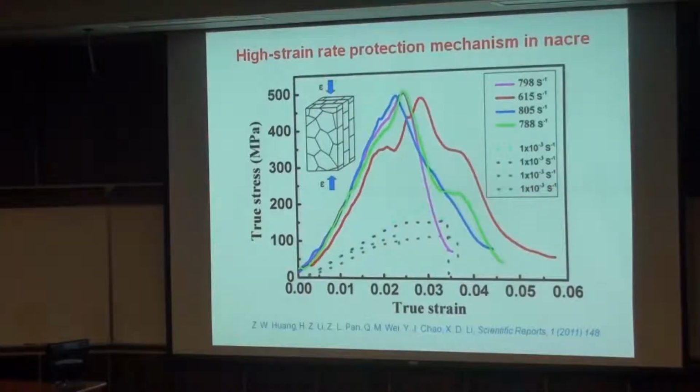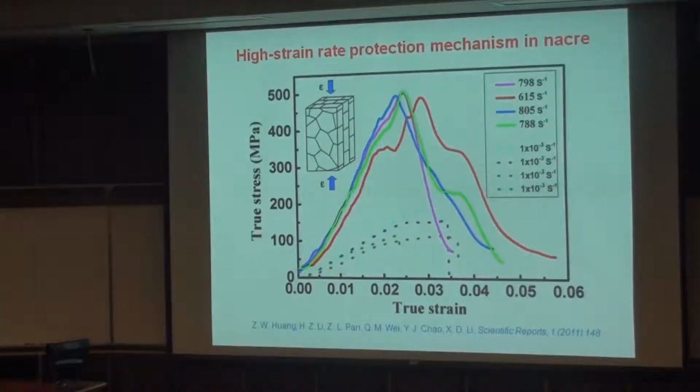All right, very interesting. We know Nacre actually is nature's armor. And the major function is to protect the soft body against foreign attacks in deep sea water, right? If you do the compression test hydrostatically, you see Nacre responds very gently, with a fracture strength of about 150 megapascal.